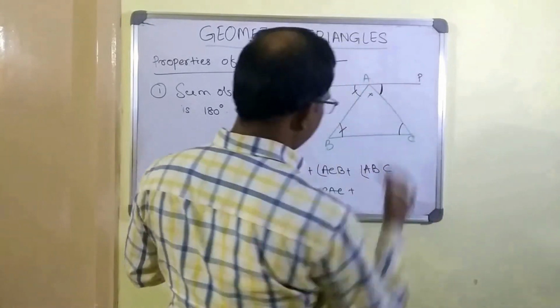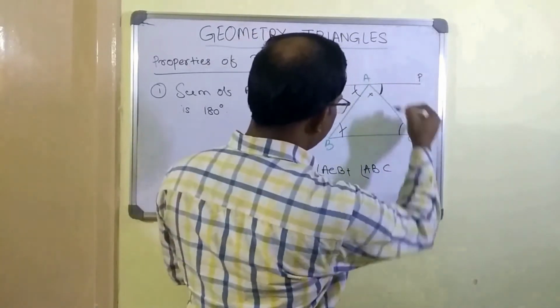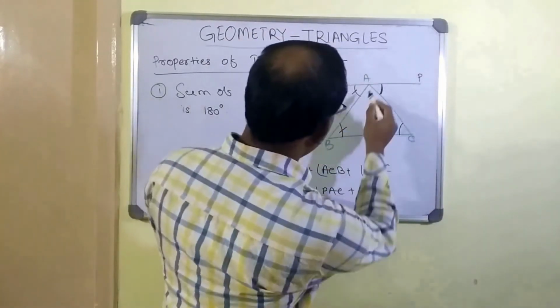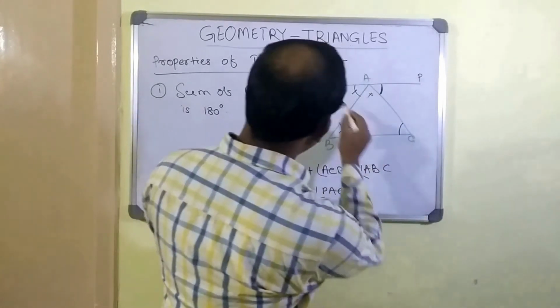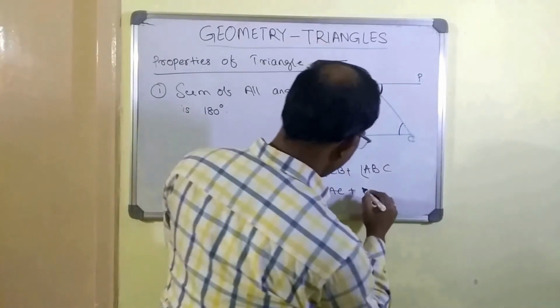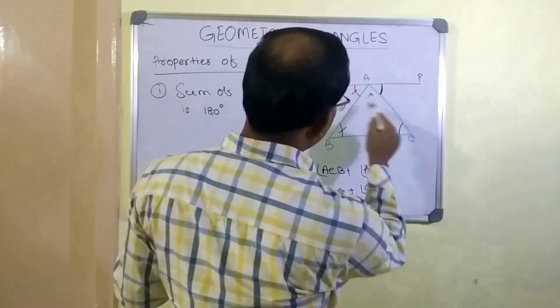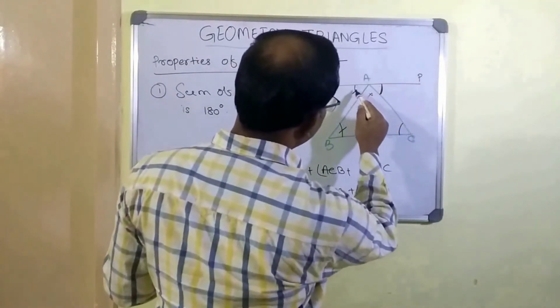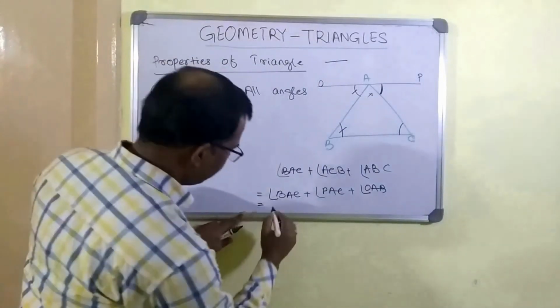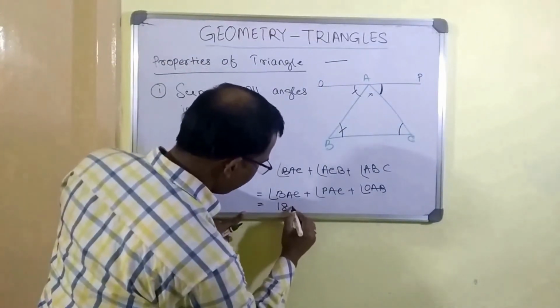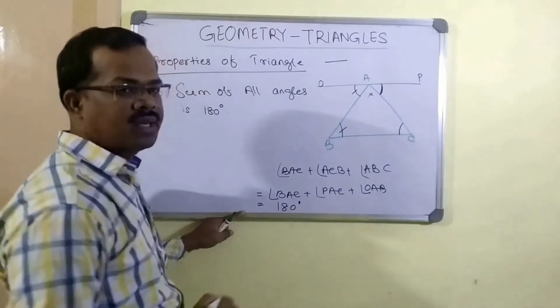Right? These are alternate interior angles. And in place of angle ABC, I am going to write angle OAB. This becomes all angles in a straight line. Now, the sum of all angles on a straight line is 180 degrees.